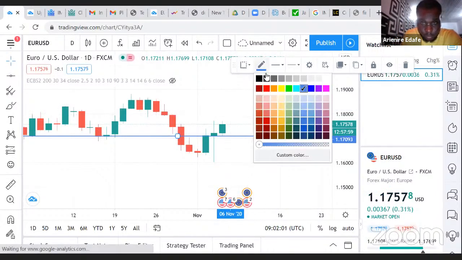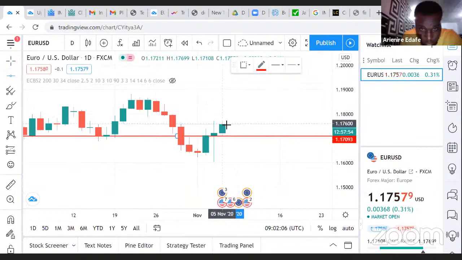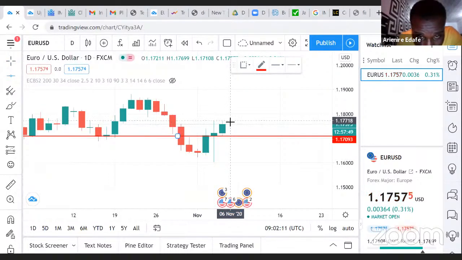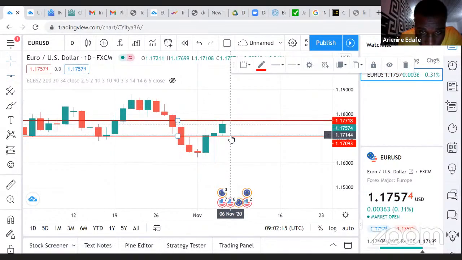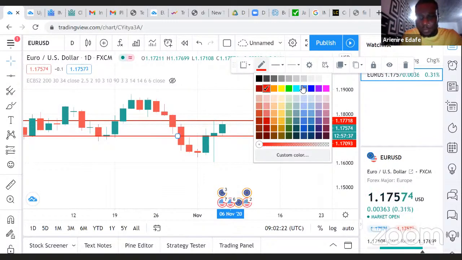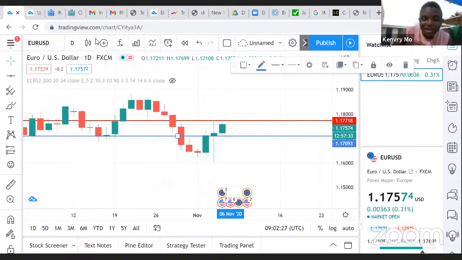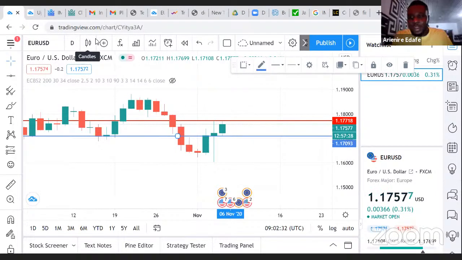Then I'll change this color. I can't really explain everything that you said, but I understand to an extent. So what you just did now was you went to the daily, you took a support and you took a resistance. All right. So what next?